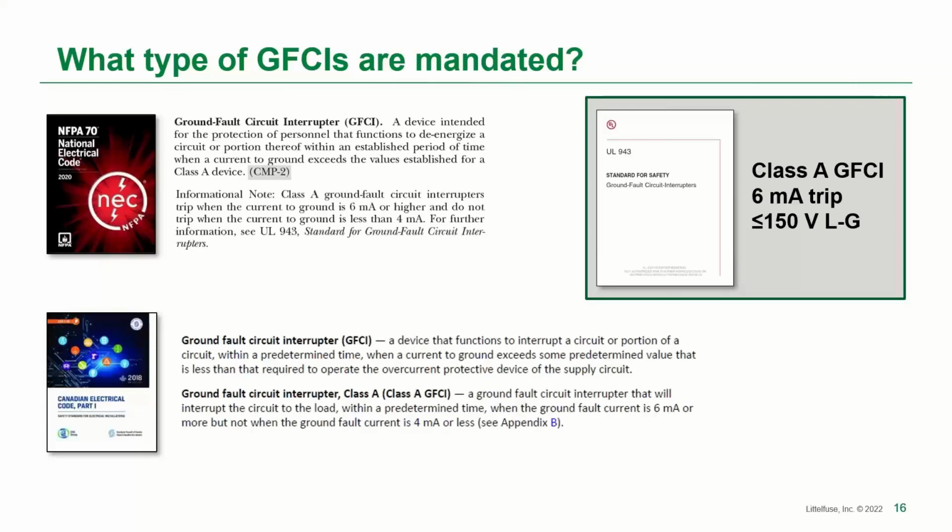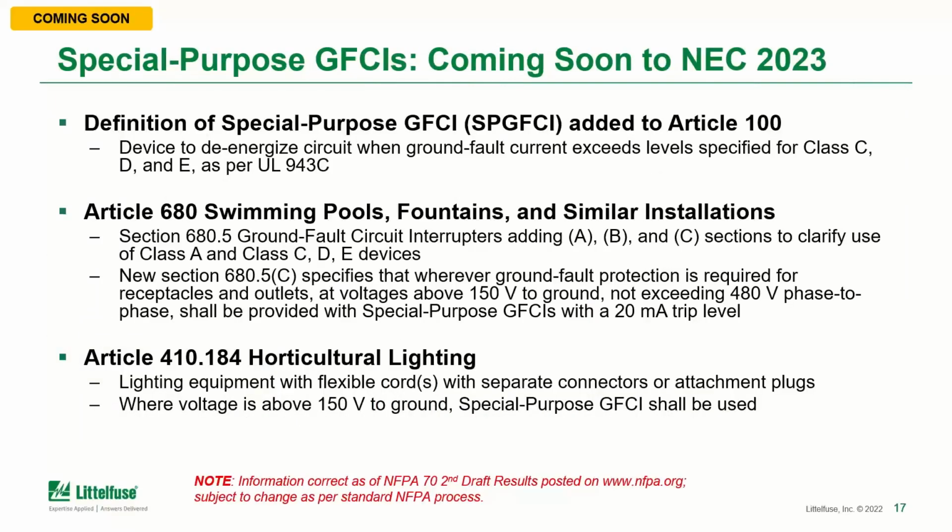And as I've mentioned, that's really tied to the UL 943 standard, which talks about a 6 milliamp trip level and a device intended for 150 volts line to ground or below, which you can read as essentially a 240 volt or less application.